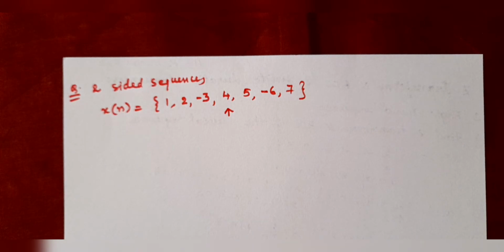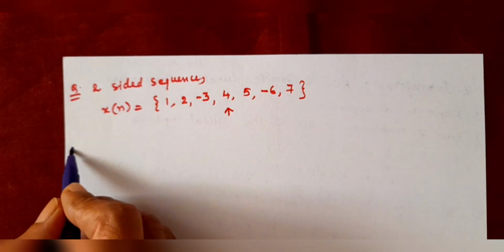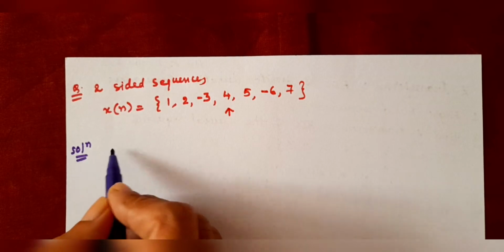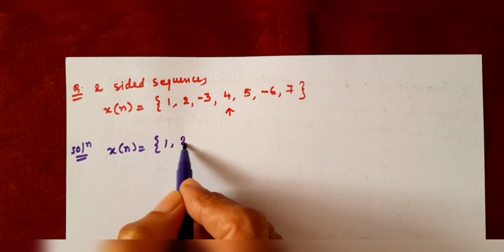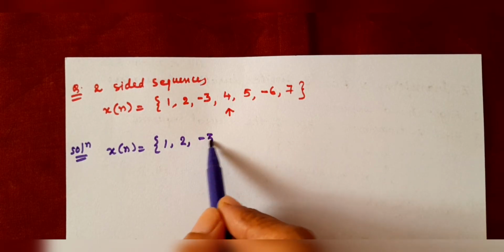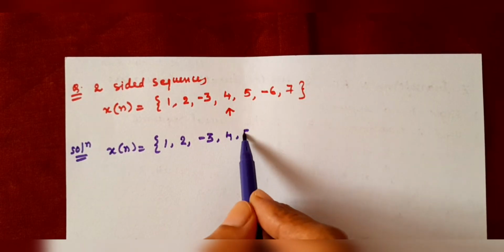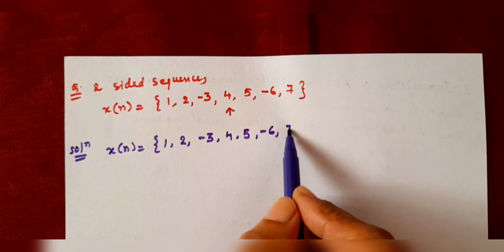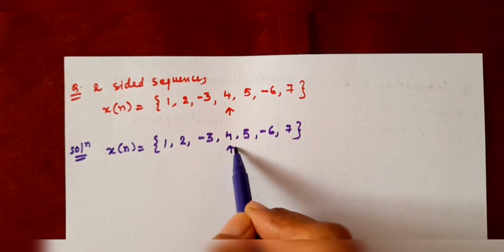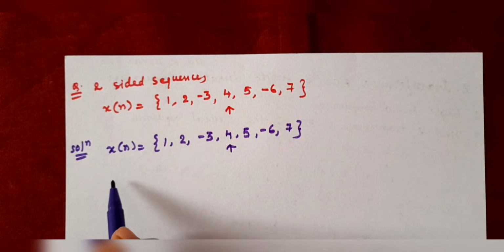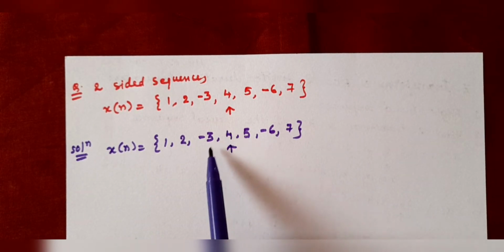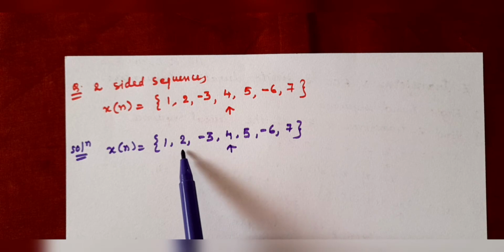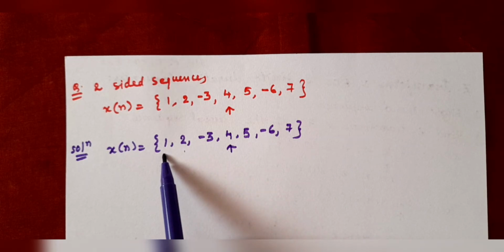So what is the solution now? So first write x of n. x of n is equal to 1, 2, minus 3, 4, 5, minus 6 and 7. Origin value is 4. So write: x of 0 is 4. x of minus 1, x of minus 2, x of minus 3.